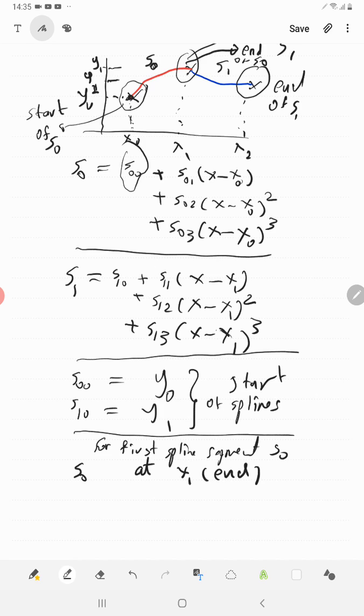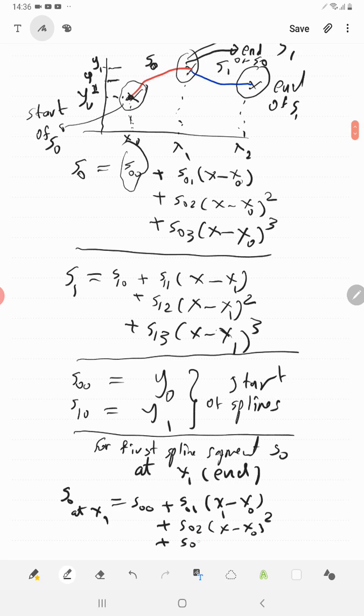In this case, S0 at x1 is equal to S0,0 plus S0,1 times x1 minus x0, plus S0,2 times x1 minus x0 squared, plus S0,3 times x1 minus x0 cubed.